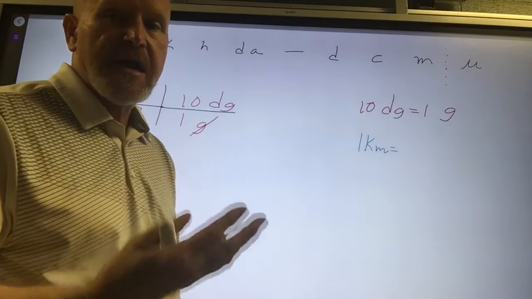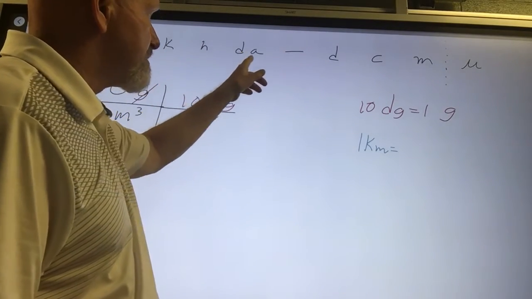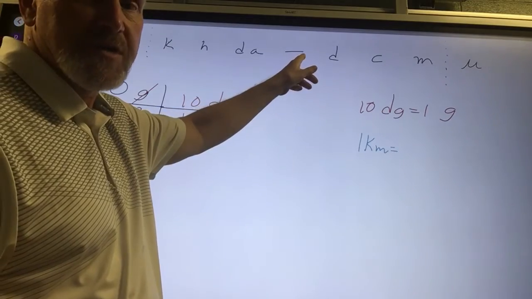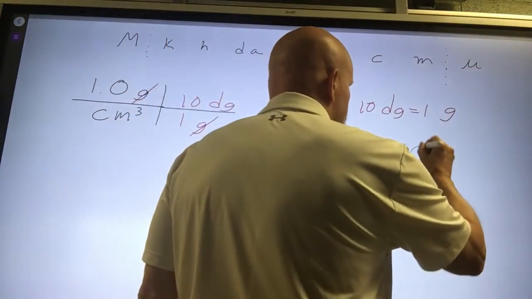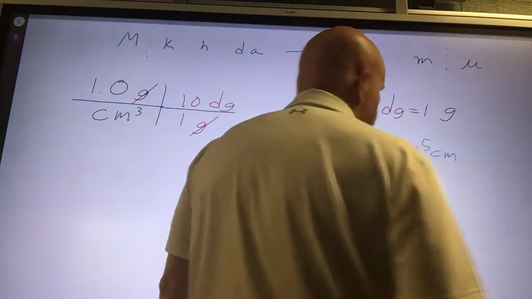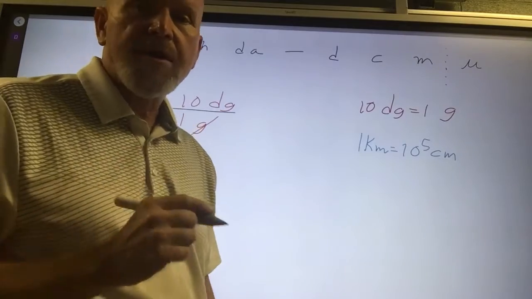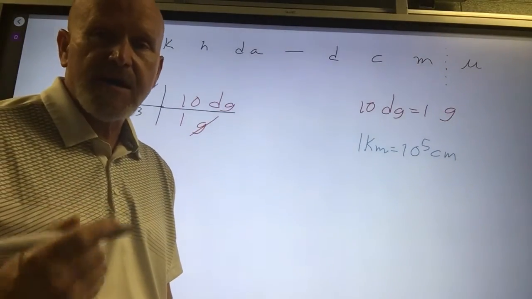Well, I can just start counting over on this. So 10 to the 1, 10 to the 2. Don't forget your no prefix. 10 to the 3, 10 to the 4, 10 to the 5. There are 100,000, or 10 to the 5th, centimeters in 1 kilometer.